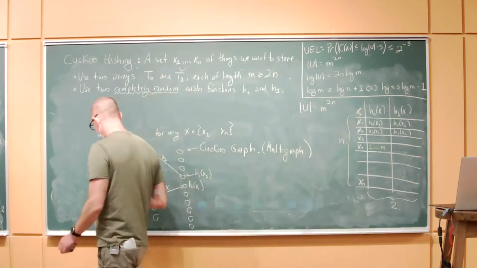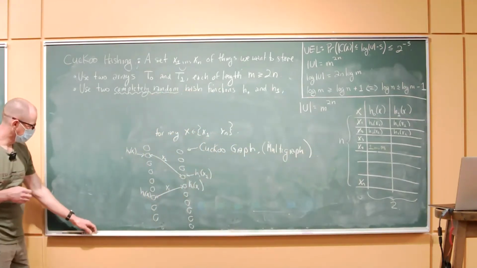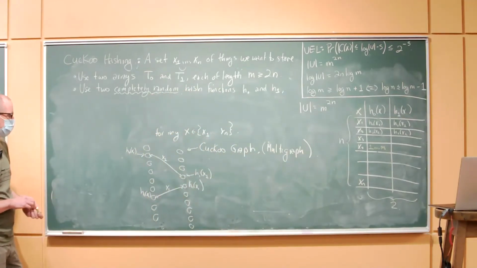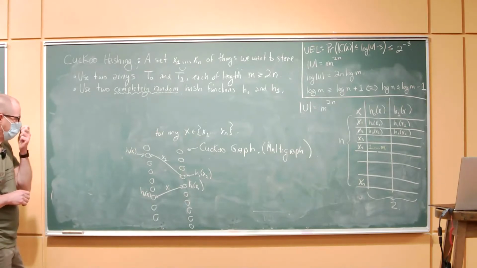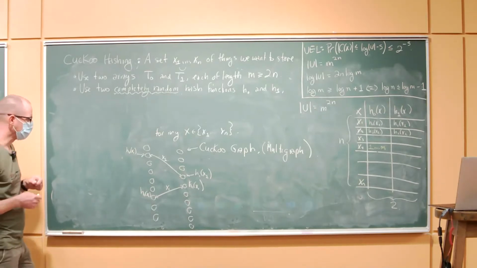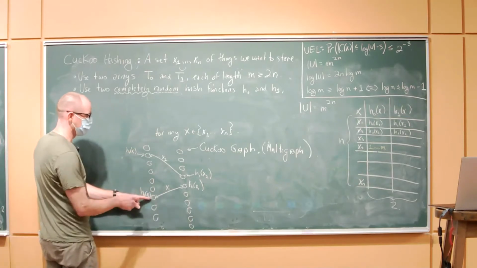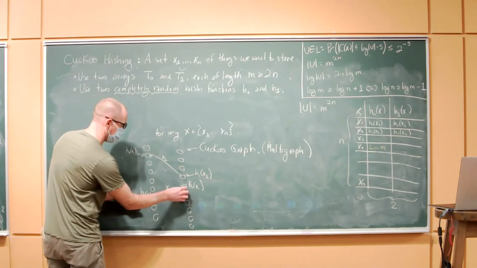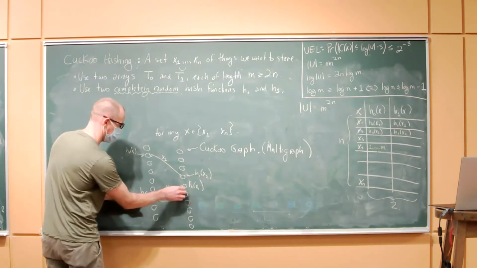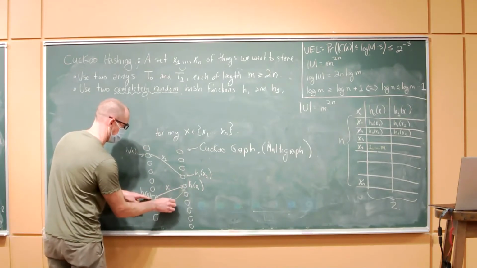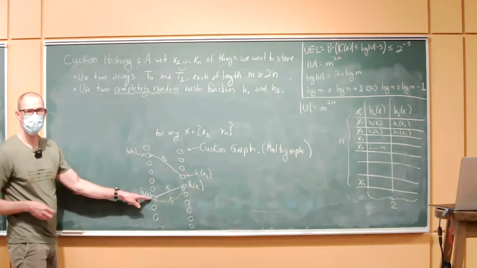And I should point out that it's a multigraph, because it's not impossible that we have some xi with these two endpoints and we have some xj with the same two endpoints.